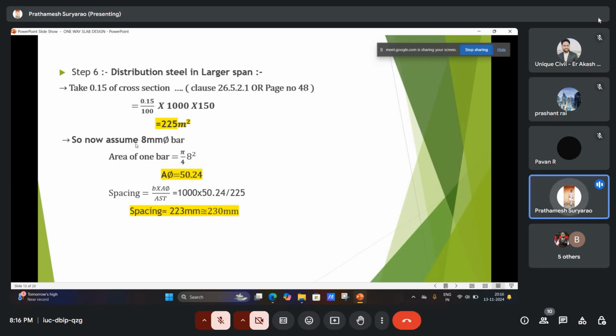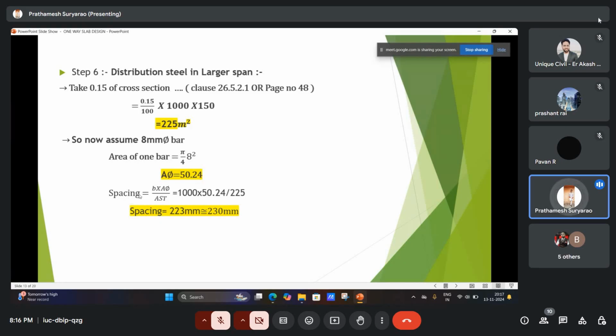As you assumed 10 mm dia for the shorter span, now we assume 8 mm dia bars for the longer span. First we have to calculate the area of one bar. After putting in the formula, the area of one bar equals 50.24.